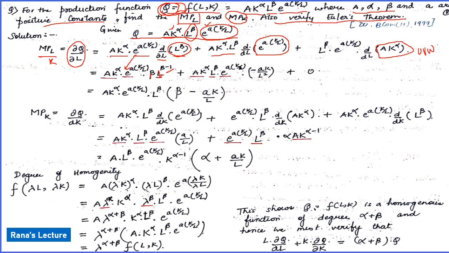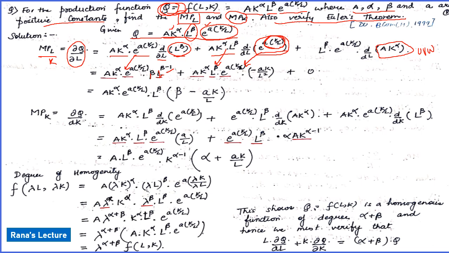Again we differentiate this. आपको पता है कि डेरिवेटिव ऑफ e to the power x जो होता है वो e to the power x ही है. So ये जो है वो ऐसे ही रहा, right? And this is e to the power x, so this is again e to the power x. According to the chain rule आपको you need to differentiate this. आपको ये differentiate करना पड़ेगा because there is portion of labor over here, right?